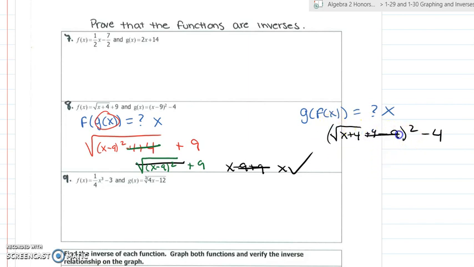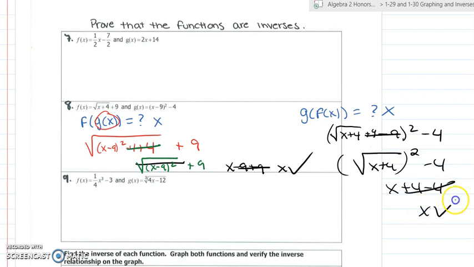So the 9 minus 9 cancels, and you get the square root of x plus 4, squared, minus 4. The square root and the squared cancel, and you get x plus 4 minus 4, and it works. Yes, they're inverses.